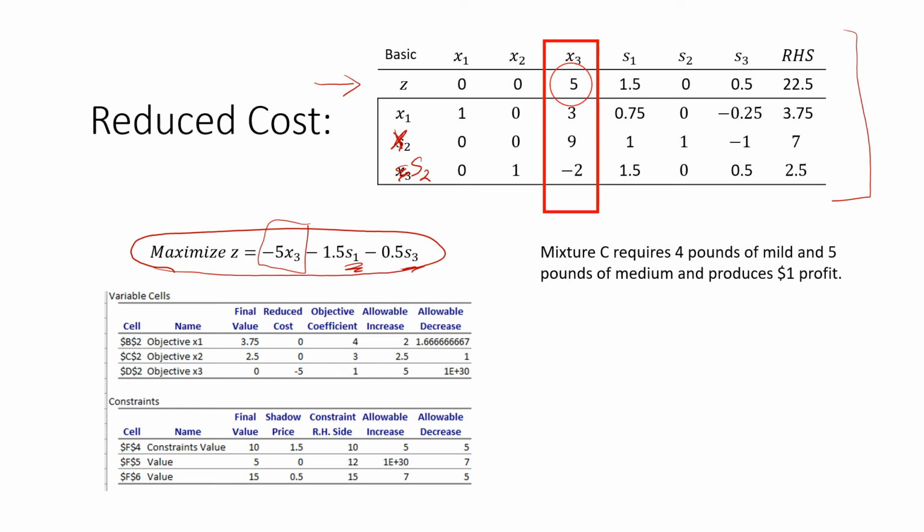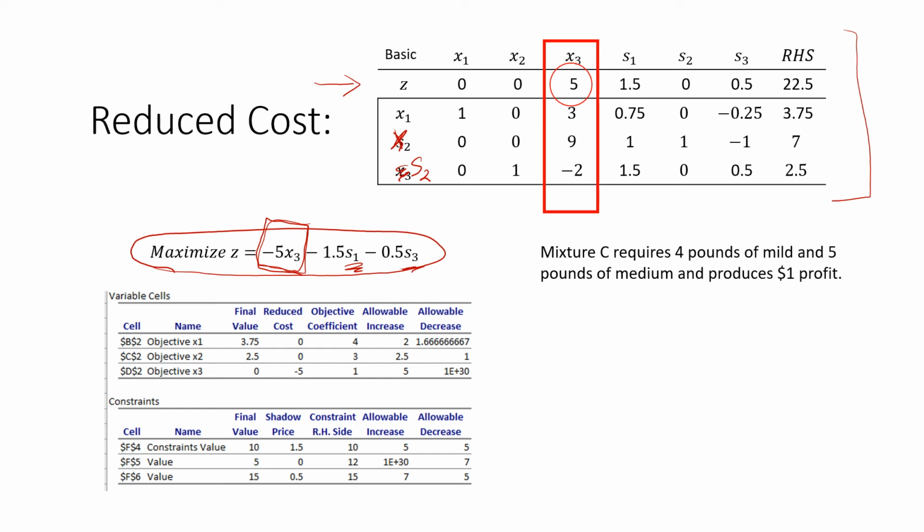Well, this number here, this 5, what does this tell us? This tells us that if we increase x3, so that third blend of coffee, every unit of that blend of coffee that we increase by in our production drives down our profit by $5. That is called the reduced cost.